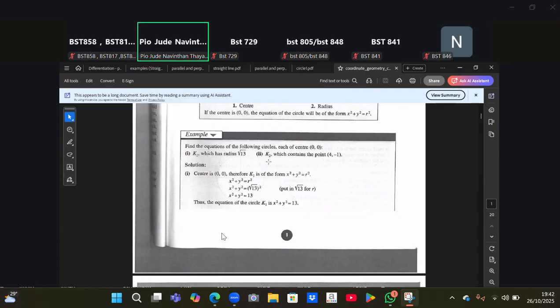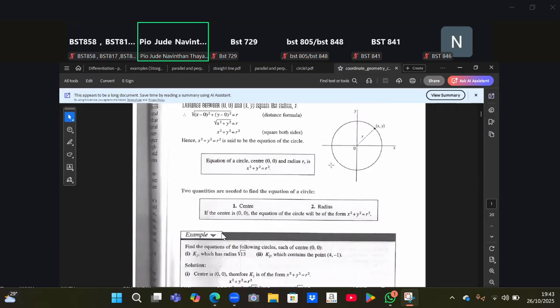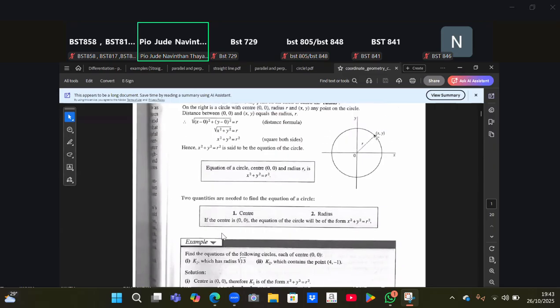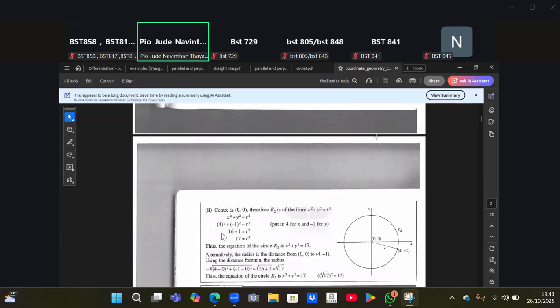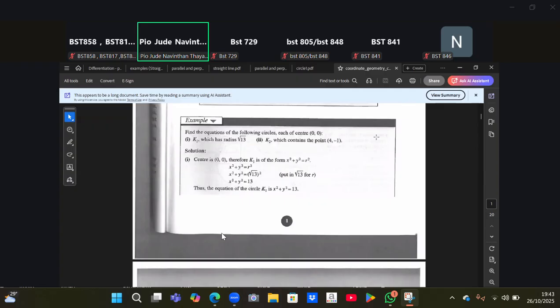Next, the second circle which contains the point 4 comma minus 1. There is no r given here. In the first one they said r directly, find the equation.